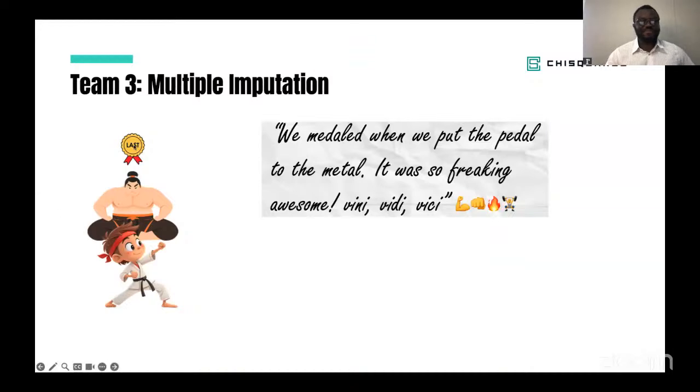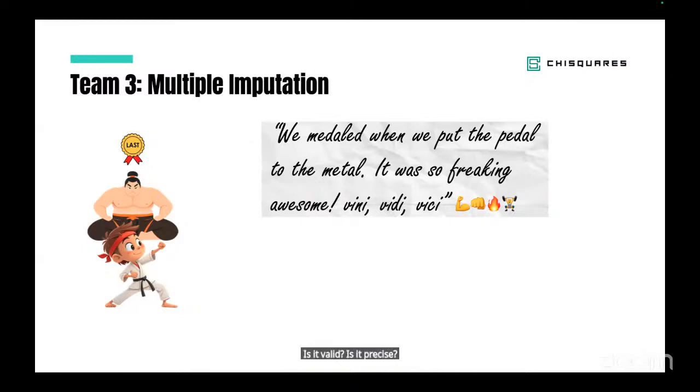Remember, they took the last position. But here is what they wrote home. Is it valid? Is it precise? So I think that data is not valid, but it is precise. Precise depends on the sample size.